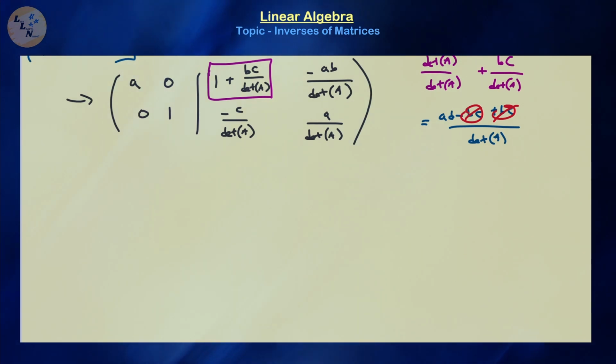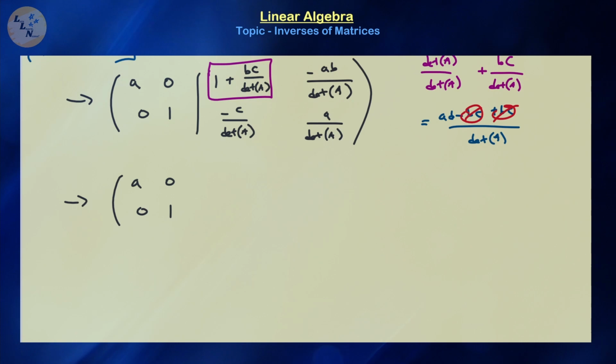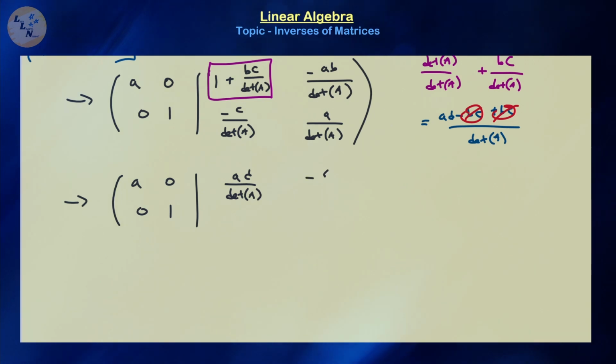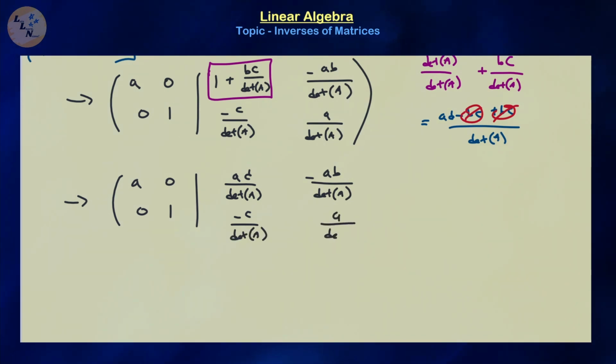So once we have that, what do we have? A, 0, 0, 1 augmented with AD over the determinant of A, minus AB all over the determinant of A, minus C all over the determinant of A, and then A over the determinant of A. And then I'm going to divide everything by A on that first row to get my identity matrix on the left-hand side.